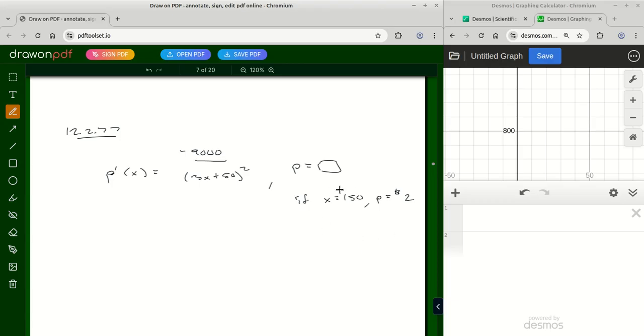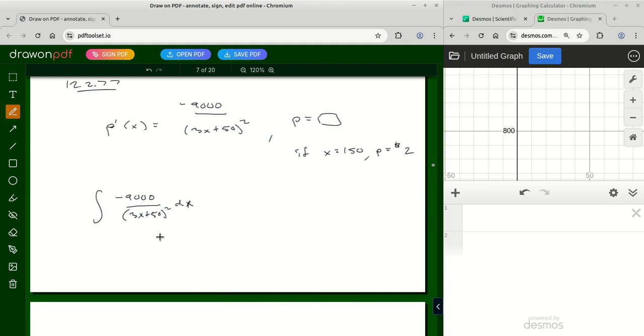So that's going to be that whole find plus C business. So I'm supposed to integrate this thing, right? We're going from P prime to P. That's an integral, dx. It's a dx because there's an x in there. Well, we have a complicated inside, right? So yeah, let's do that.